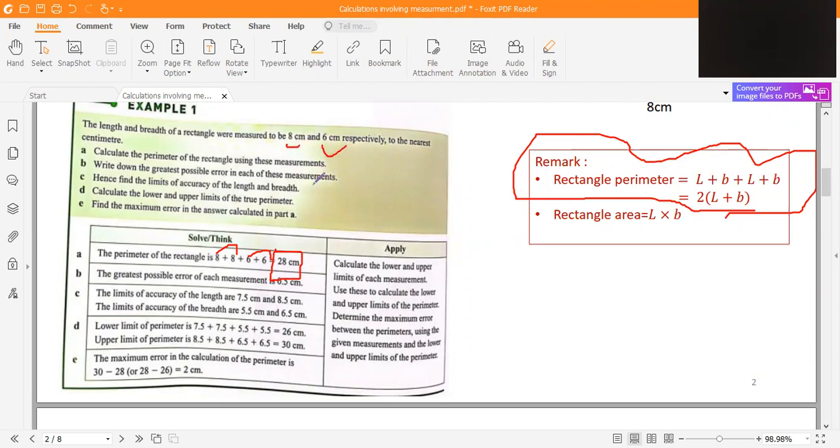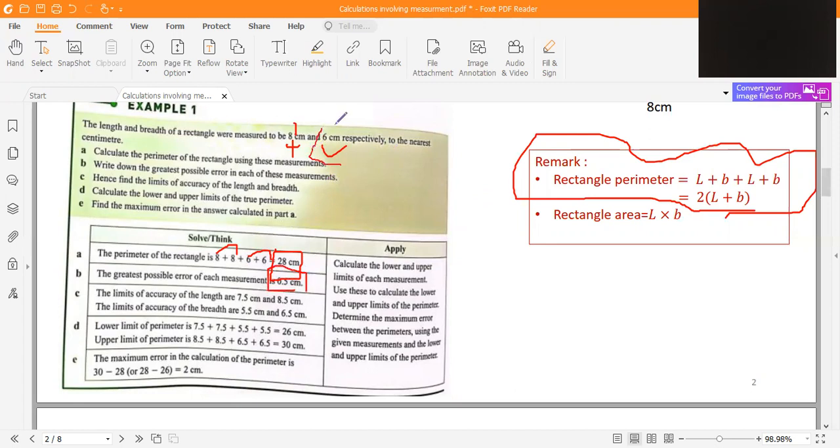We evaluate the greatest possible error with respect to the last significant figure. Here the last significant figure is in 8, so the unit is centimeter. So we calculate the error with respect to the unit of centimeter. It is equal to half of the unit of centimeter. Half of 1 centimeter equals 0.5 centimeter.